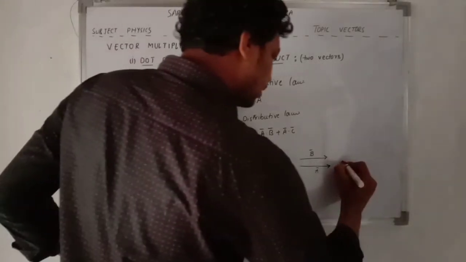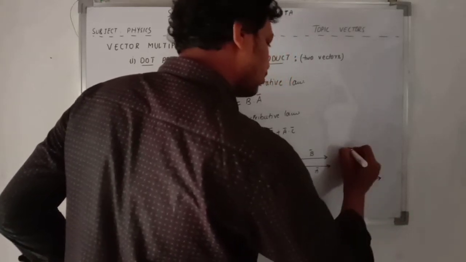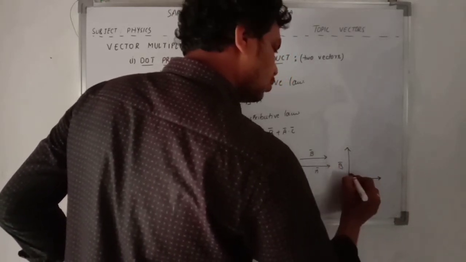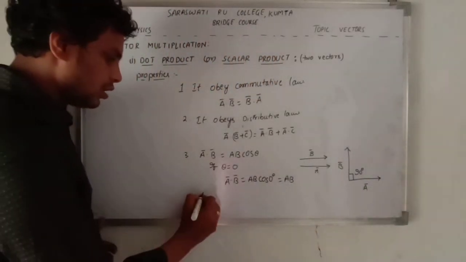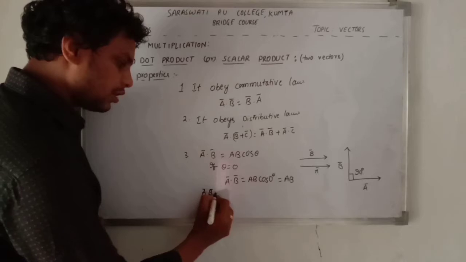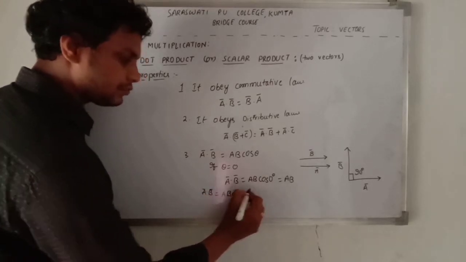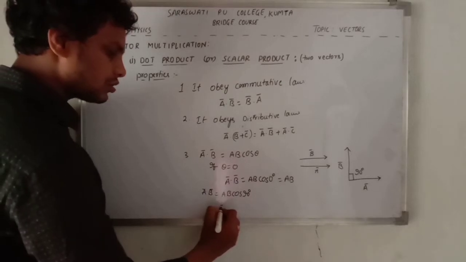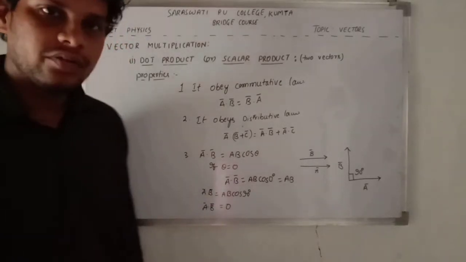Let us say two vectors are perpendicular, vector a bar and vector b bar. Then a bar dot b bar is equal to ab cos 90. We know that cos 90 is equal to 0, so a bar dot b bar is equal to 0.